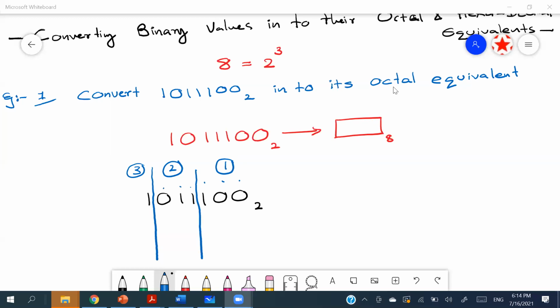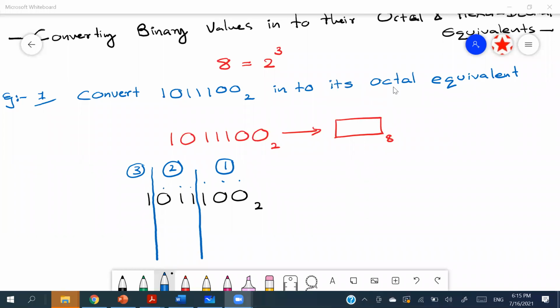Okay, great. So now the technique is, we consider these groups separately, and we think one particular group represents a binary value, and we convert that binary value into its decimal number.